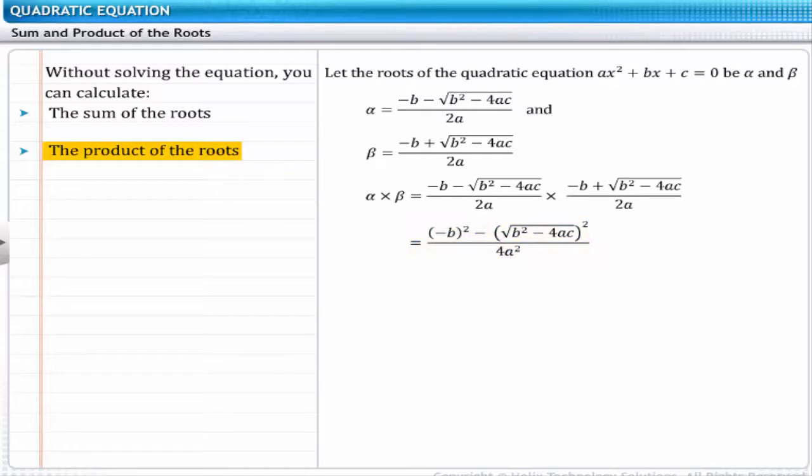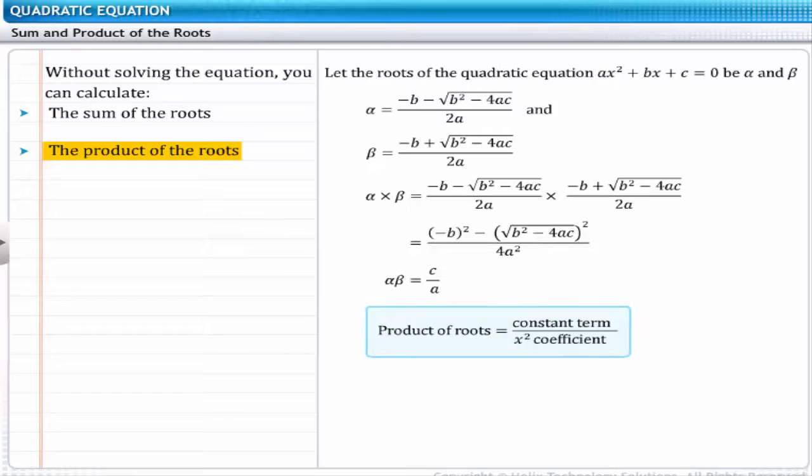On simplification, you get alpha times beta equals c divided by a. That is, product of roots is equal to constant term divided by x squared coefficient.